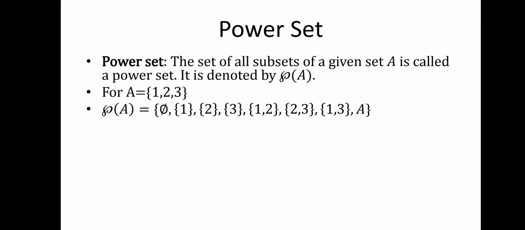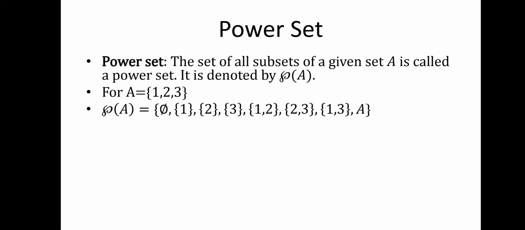What is the meaning of a set of sets? It means that every single element of a power set is actually a set. For a normal set, each and every element can be any number, any letter, anything. But for a power set, each and every element is a set in itself.